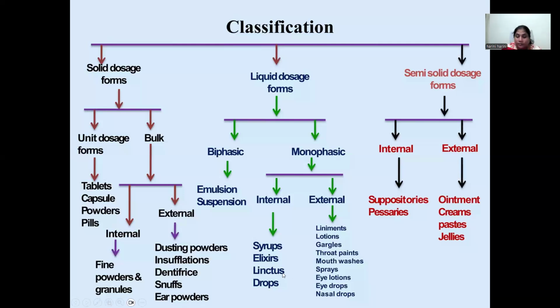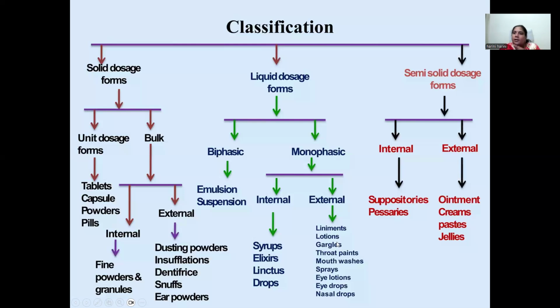Linctures are used for treating cough. Drops also come under monophasic liquid dosage forms. External, that is, those applied on the surface of the skin: liniments and lotions. Lotions are applied on the surface of the skin without friction, and liniments are applied on the skin with friction.